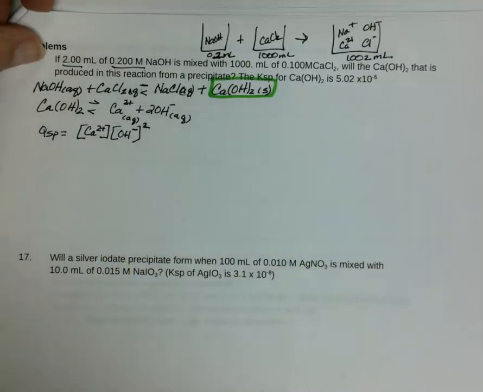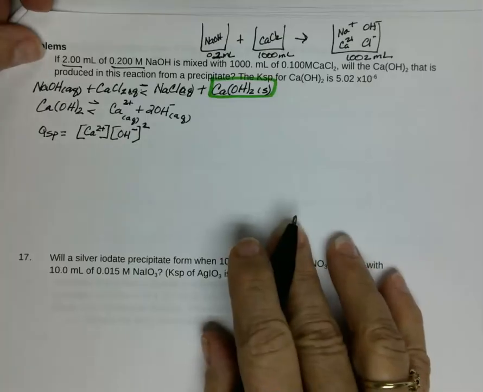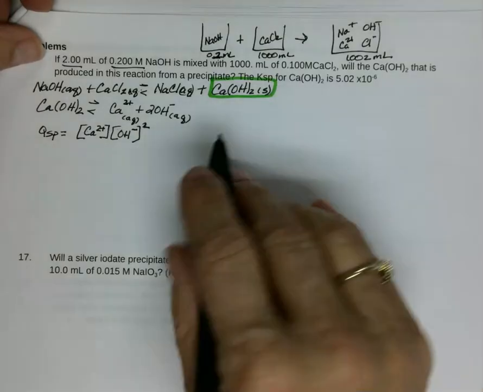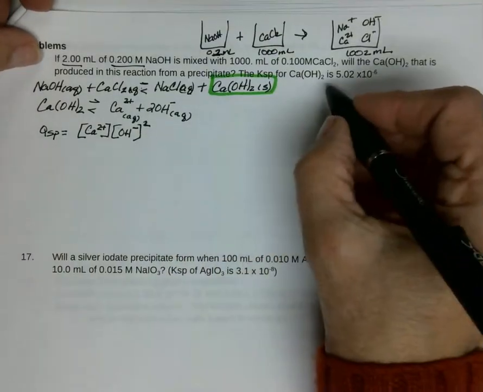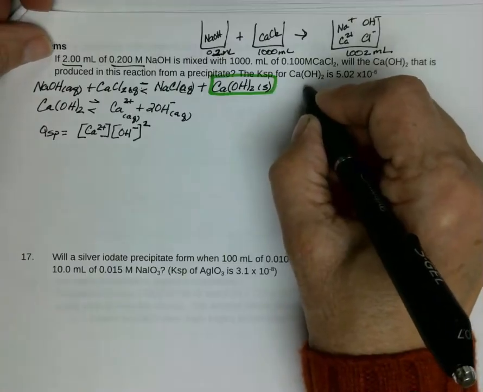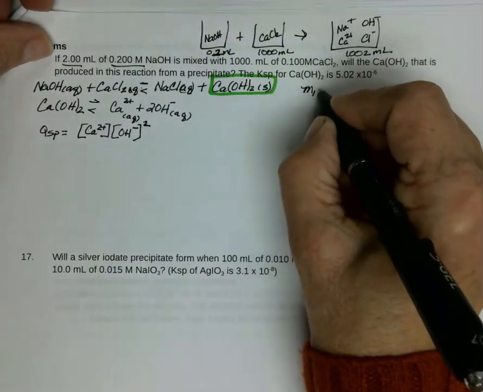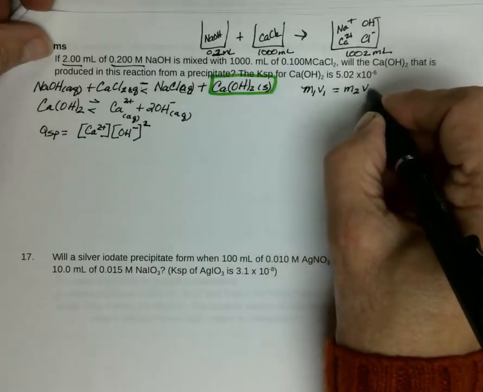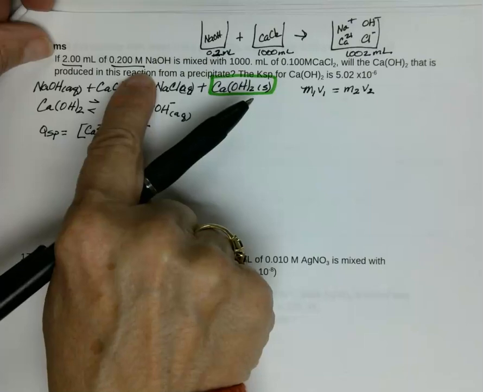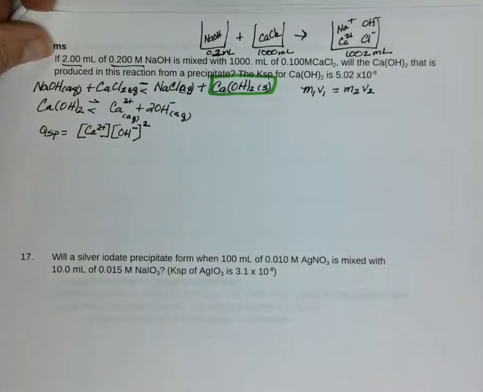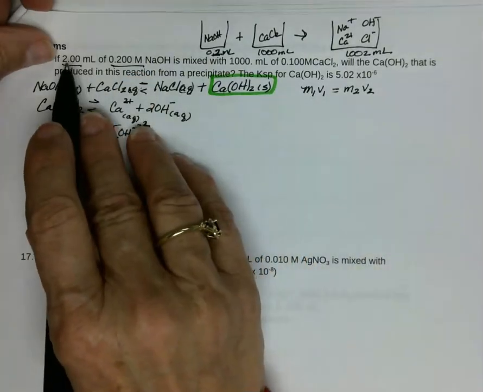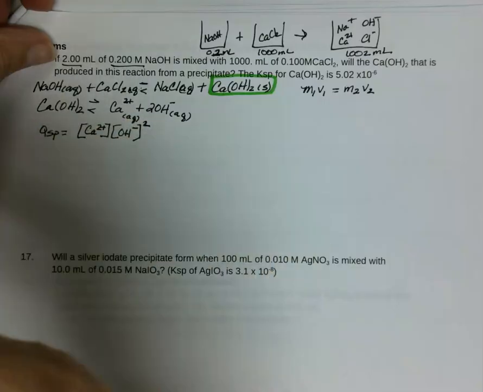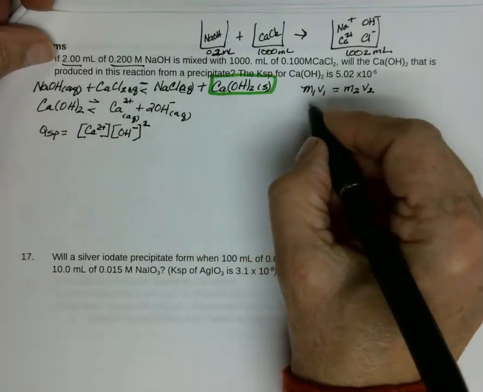And the last time I set it up as kind of a proportion, and this is still somewhat of a proportion, but if you will remember, earlier on we did M1 V1 equals M2 V2. And since I'm just taking this solution and I'm somewhat upgrading it to a 1,000, we could just use this one. It's going to work out the same way.